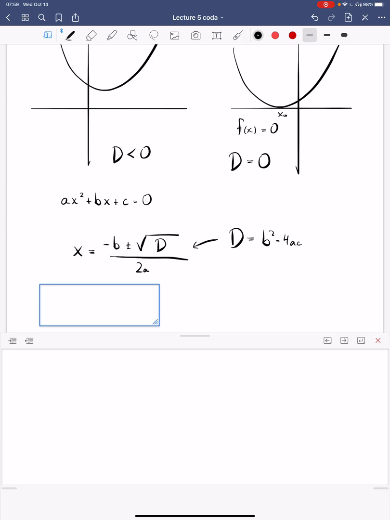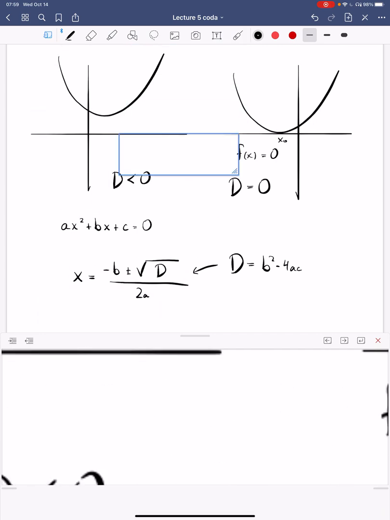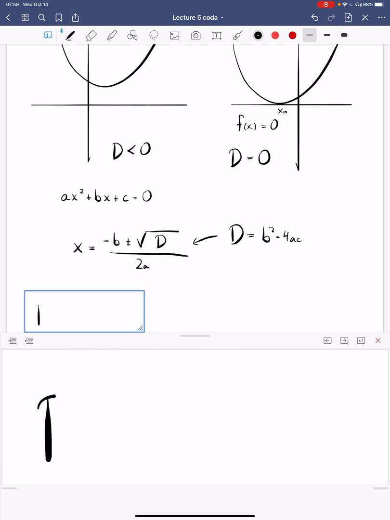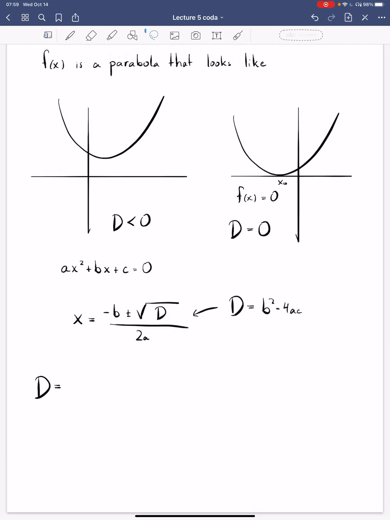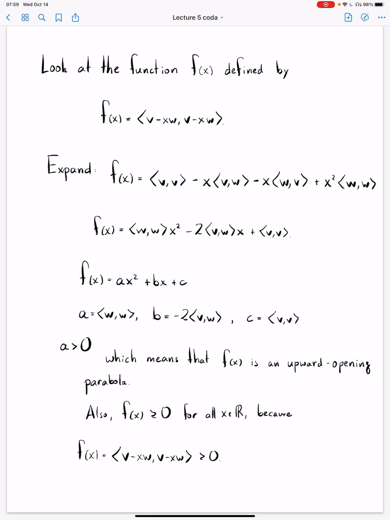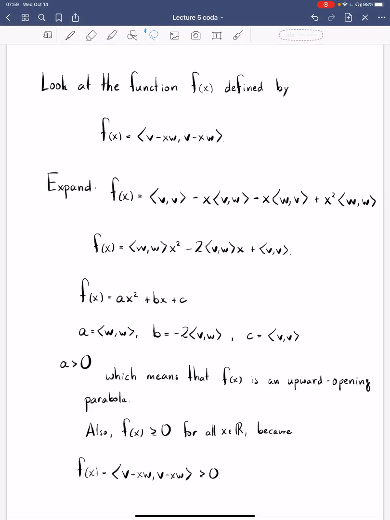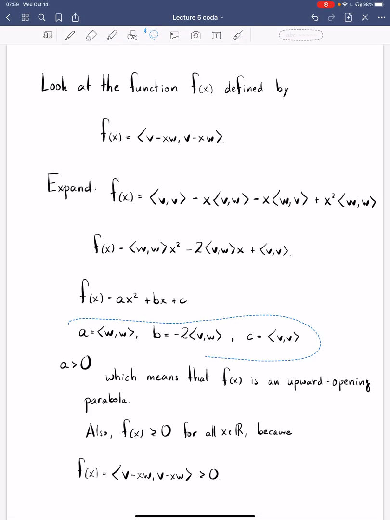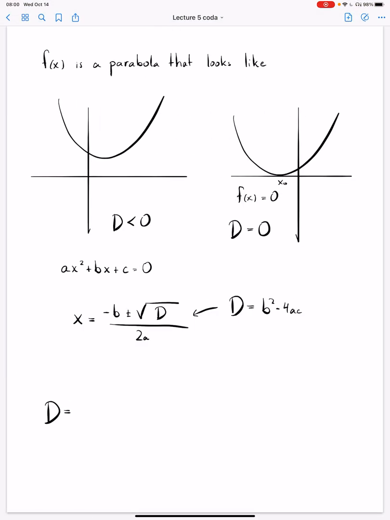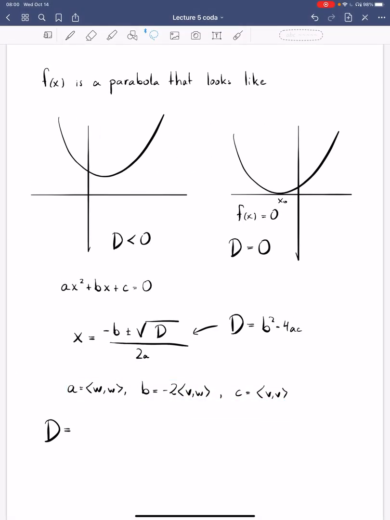And what's the discriminant for us? Let's remember, D is equal to what, for our particular quadratic equation f of x equals 0. So let's go back and copy down this data that we have.